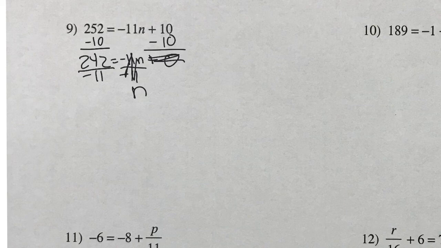So now I'm dividing 242 by 11. All right, and this one's going to take me a second to do. Maybe we should just do it over here. And remember, we're dividing by negative 11, so let's not forget that. So 11 goes into 24 2 times.